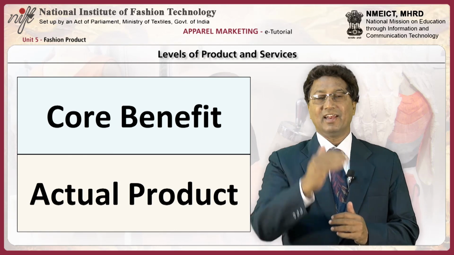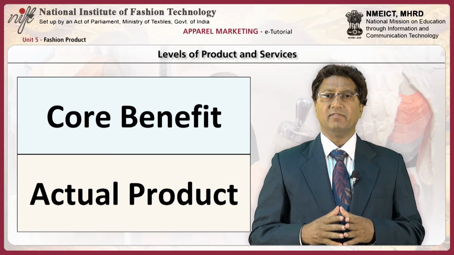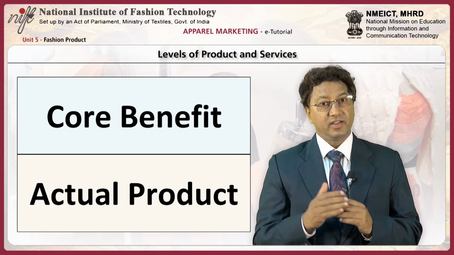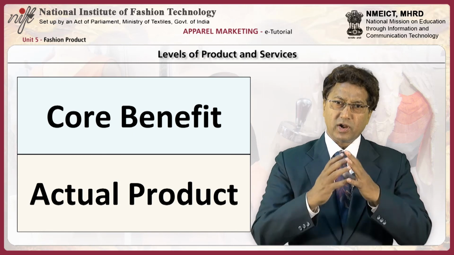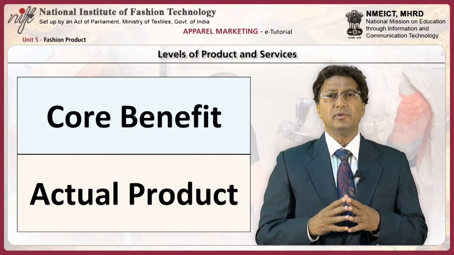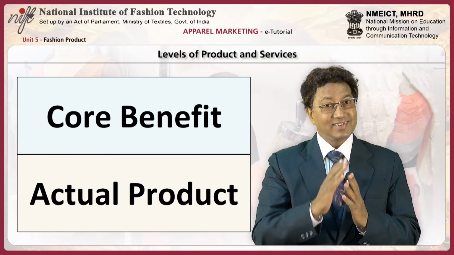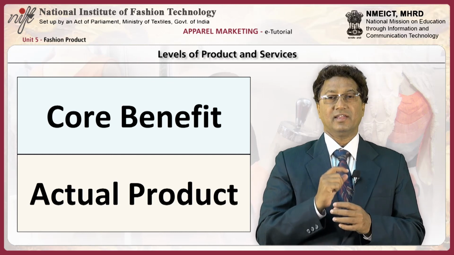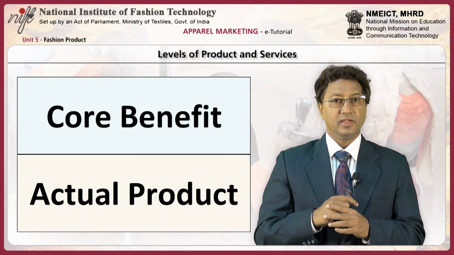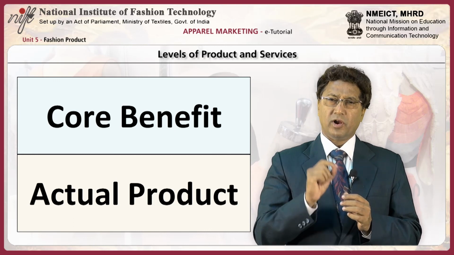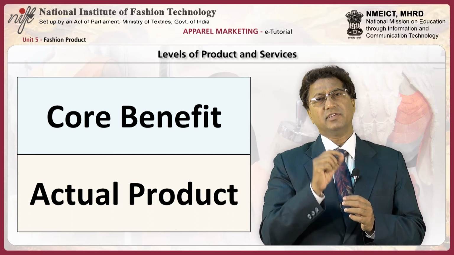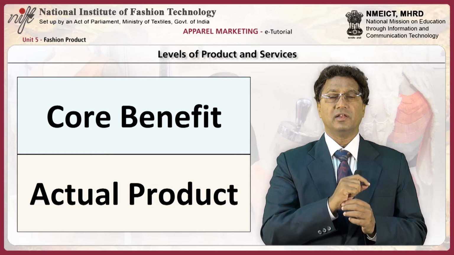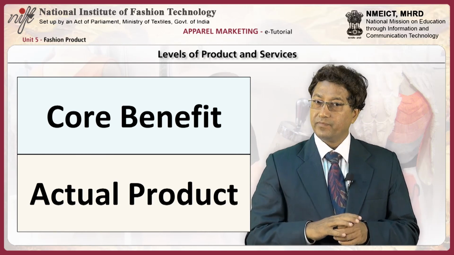Now let's go to the second level. At the second level, product planners must turn the core benefit into an actual product. Thus a diamond includes quality of cut, color, clarity and carat weight. They need to develop product and service features, design, quality level and a brand name.